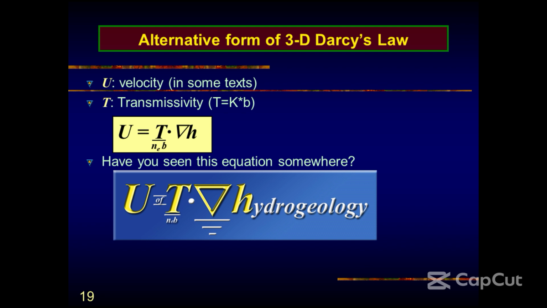Now, we discussed a lot about the hydraulic conductivity, where we mentioned that it has 3 components, isn't it? But more often than not, we said in the previous slides, we neglect the vertical component, because its value is very, very small compared to the horizontal component.